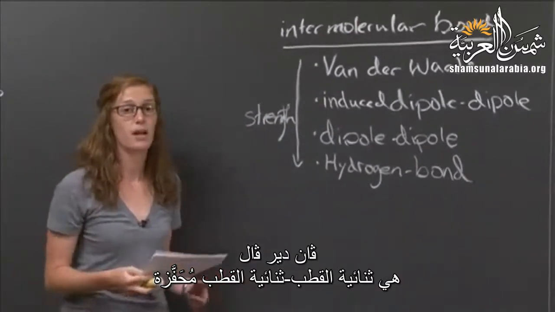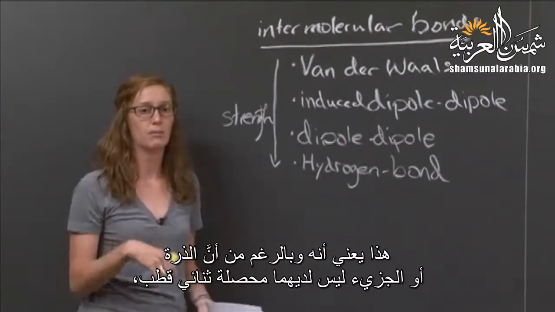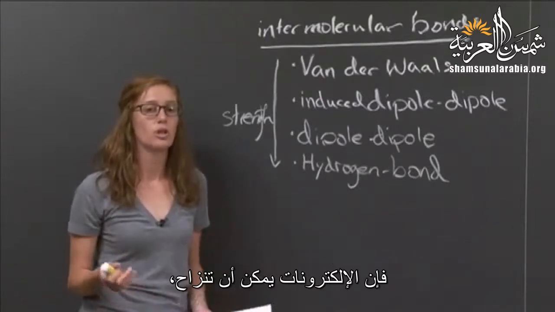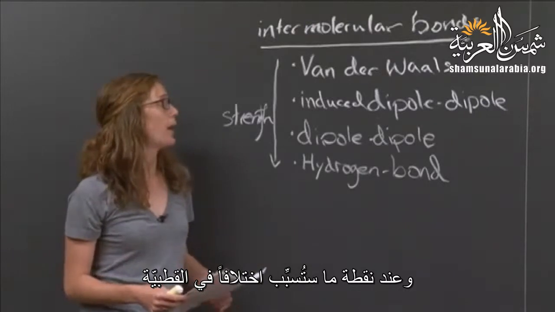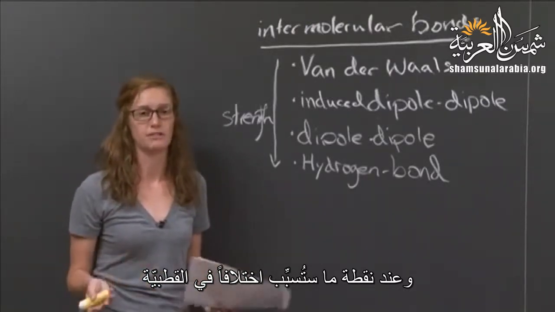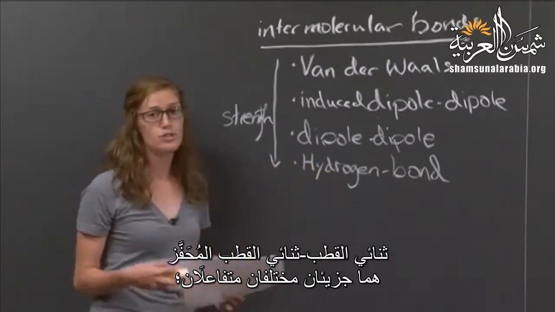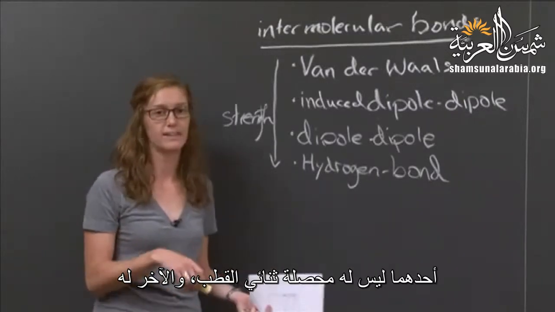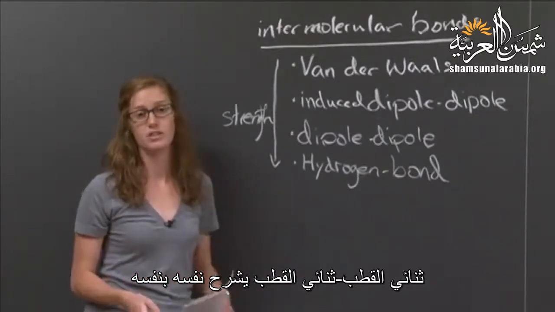Van der Waals is an induced dipole. That means that although your atom or molecule does not have a net dipole, the electrons can shift and at some point will cause a difference in polarity between different sides of the molecule. Induced dipole is two different molecules interacting, one that has no net dipole and one that does. Dipole, pretty self-explanatory.